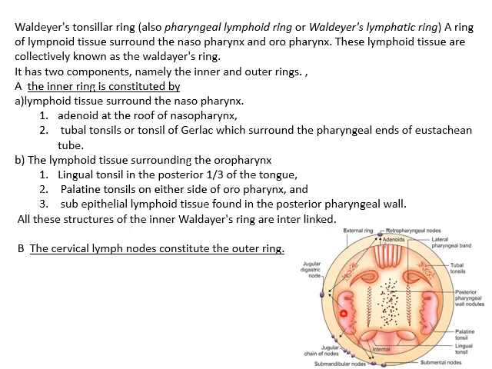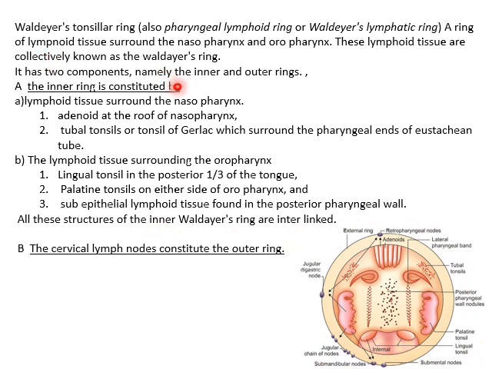So they form an inner ring, and the efferents from this lymphoid tissue pass to the superficial ring, that is the submental group of lymph nodes, the submandibular group, the jugular chain of lymph nodes or the jugulodigastric lymph nodes, and posteriorly from the adenoids to the retropharyngeal group of lymph nodes. So all of this is interlinked.